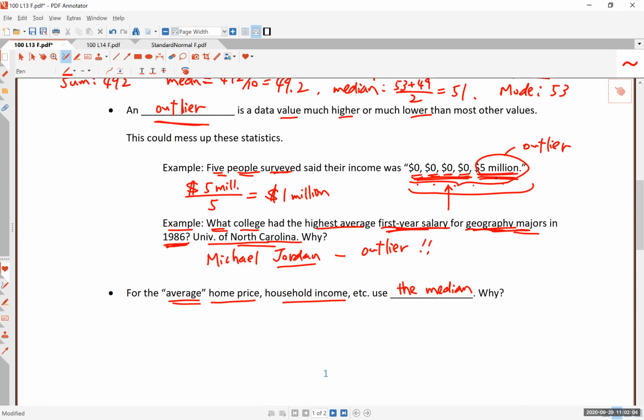I mean, except for this one person, almost everybody here made $0. And so the median is often used. And the reason is that the median is not significantly affected by outliers.